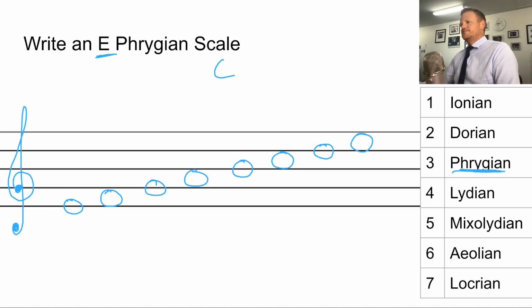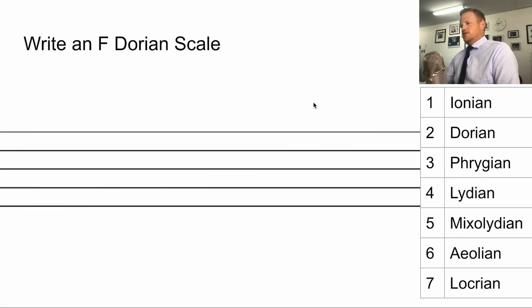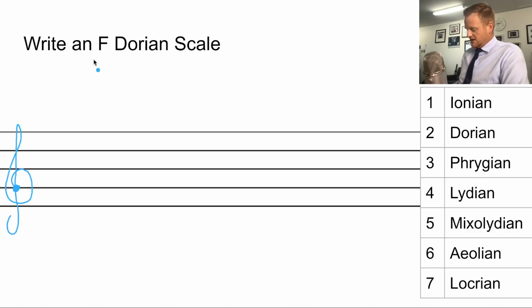Let's do another one. What else have I put? F Dorian. Okay, it's going to get a little trickier, which makes sense. It's got to start on an F, so I'd write an F. I could even put an F at the end because it's got to end on an F, although now I'm going to have to get my spacing perfect.